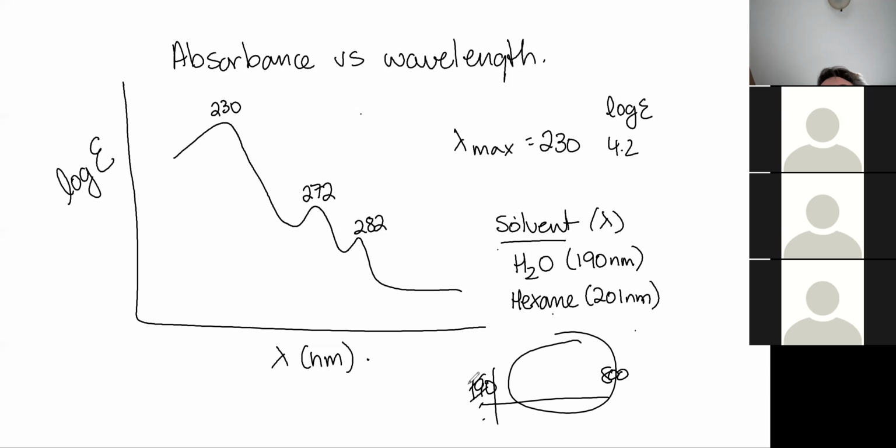But you could see that things like acetone or, say, ethyl acetate, or even benzene, for example, would have transitions right in the middle of this.